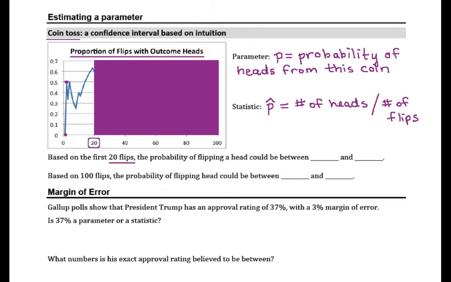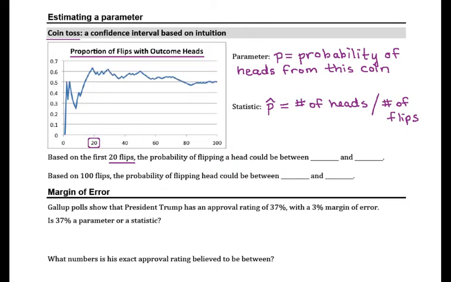We can see that we have a low point and a high point, and that it looks reasonable that the probability of flipping a head is probably between these two values, though we may add a little bit of a buffer just to be more confident. So doing that, I'll just be very rough here and say between 0.2 and 0.7 for those bounds based on the first 20 flips.